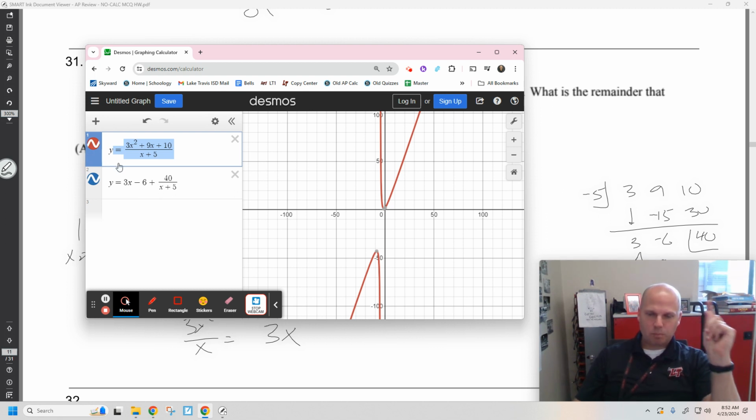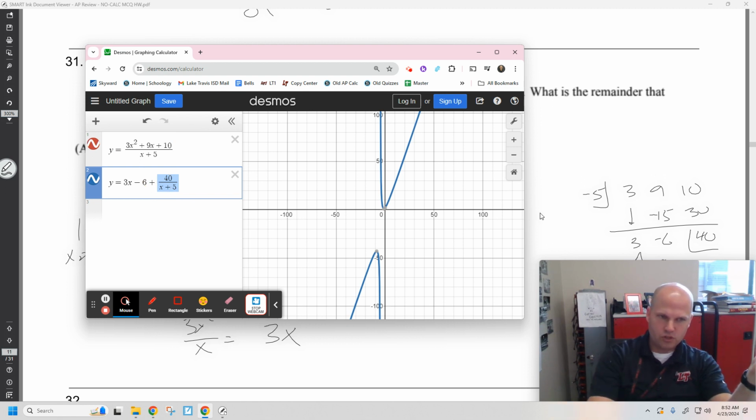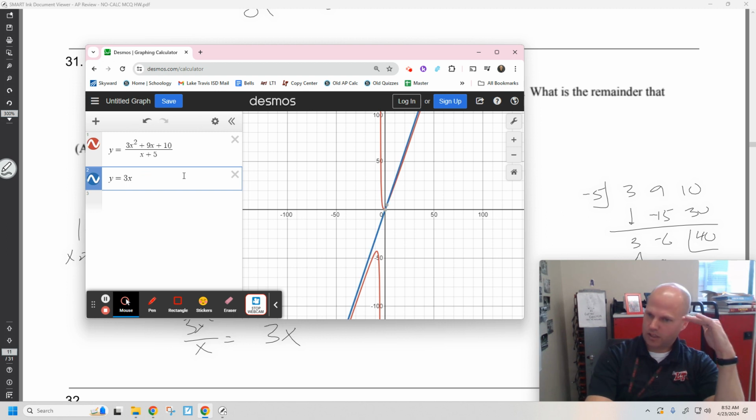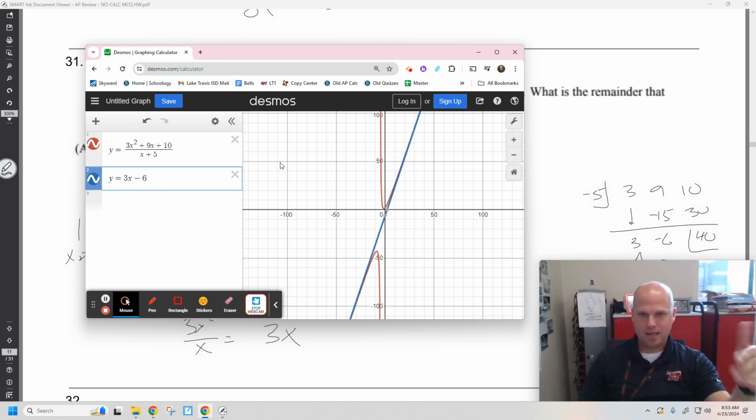However, if we are plugging in infinity, this is going to go to 0, and really you just care about 3x minus 6, which will have the exact same end behavior as this rational function. 3x was close. 3x gives you the general direction. 3x minus 6 is exactly how this rational function's end behavior is going to look, which I love showing.